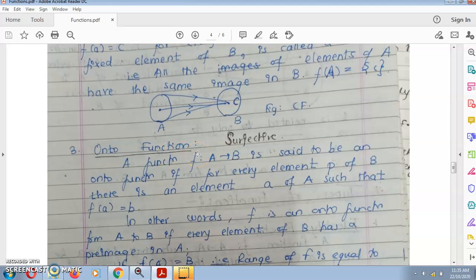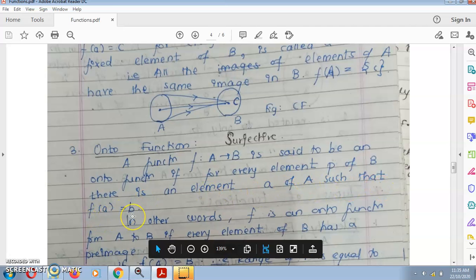Onto function. It is also called a surjective function. A function f from A to B is said to be an onto function if for every element b of B there is an element a of A such that f of a is equal to b.